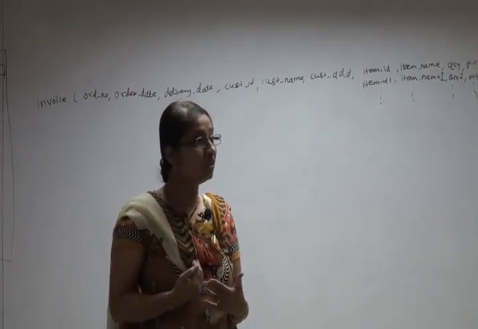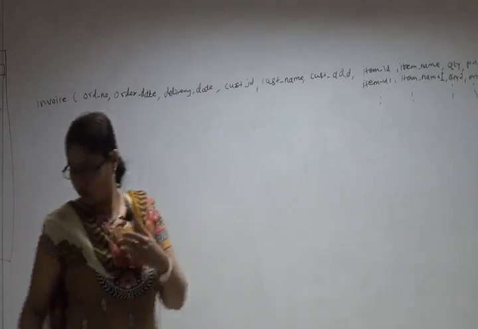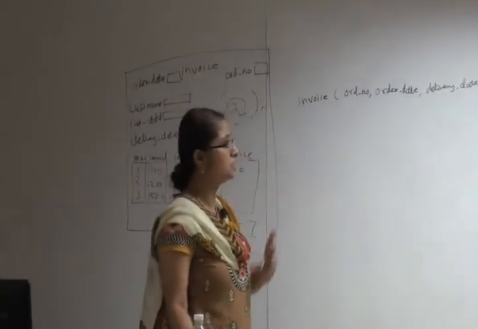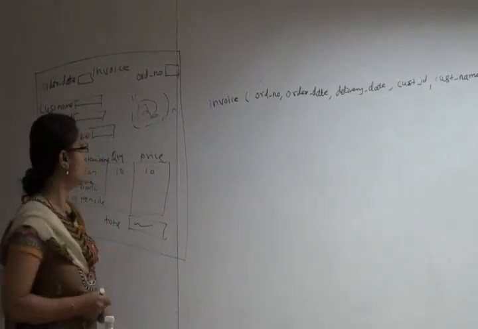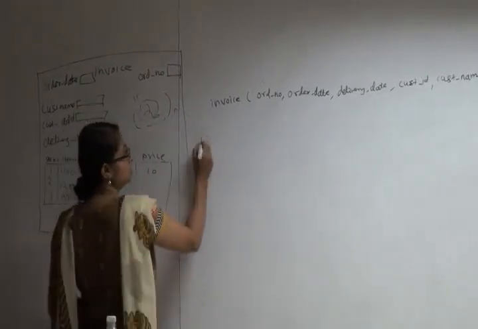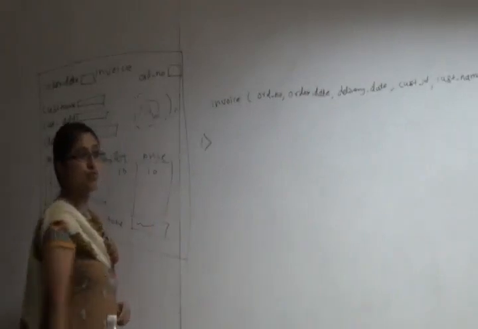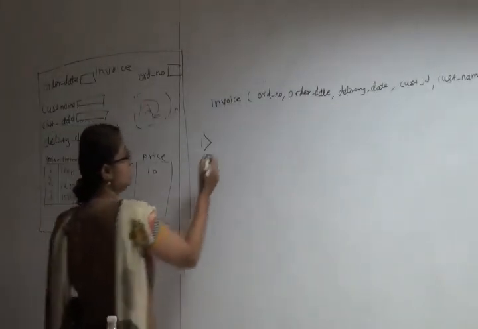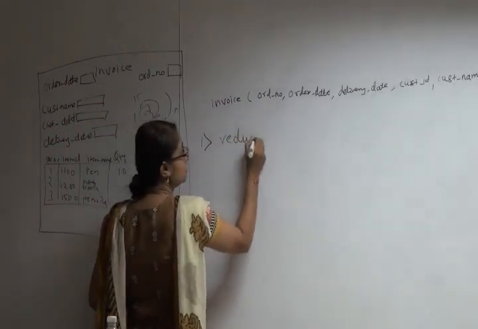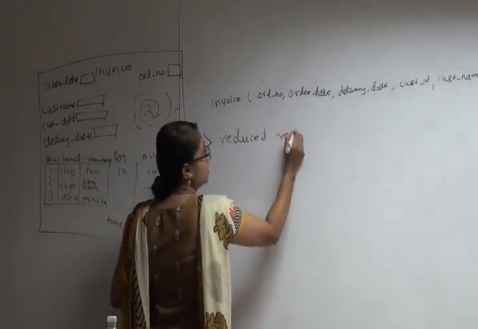We used the words reduce redundancy, right? So here it is not there, so we have to achieve that. So why do we need to go for normalization? First and foremost, we want to have reduced redundancy.